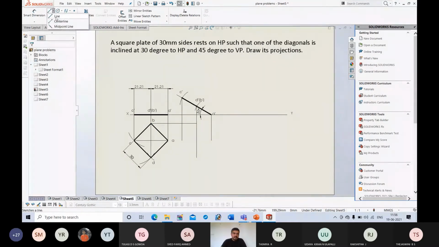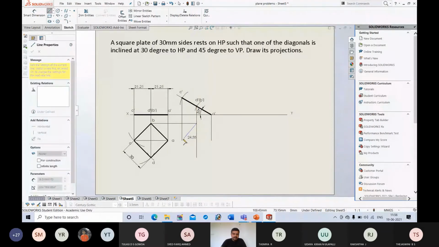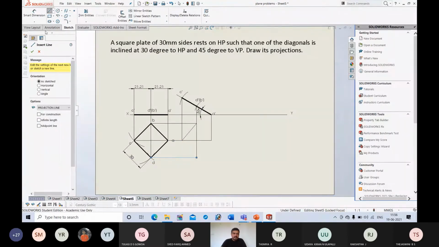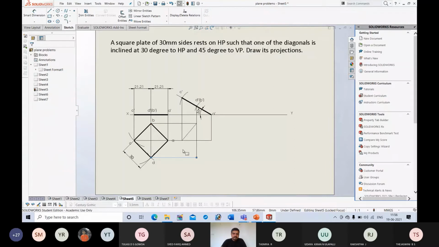Next after that, so I will connect these points. So here also I should draw a projector. Project the points. Okay, next, so I will connect them.